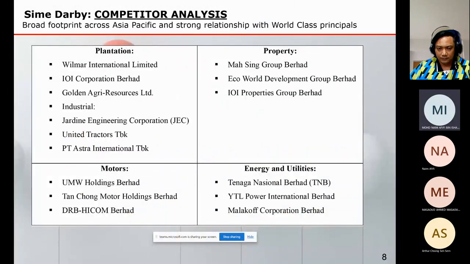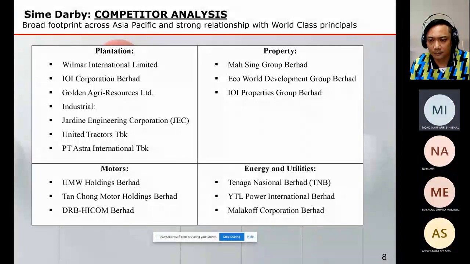All right, so next we go for the competitor analysis. Here we can see other companies equivalent to Samdabi, which are Malaysia-based companies, such as Wilmar, IOI, Golden Agri, Jardine, United Plantations for plantation.